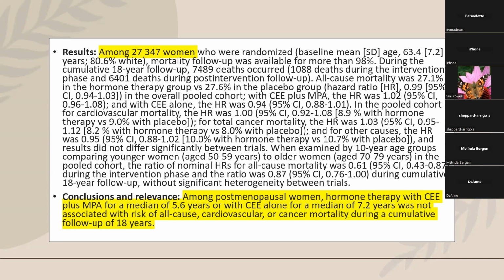Because if they got the hormones, their hot flashes and night sweats would go away. If they got the placebo, they wouldn't go away. So they couldn't involve any women in the study that were in the early stages of menopause. They could only include women that were at least 10 years past their menopause. And so these were older women. They were sicker. They already had heart disease or strokes. They weren't in good health.